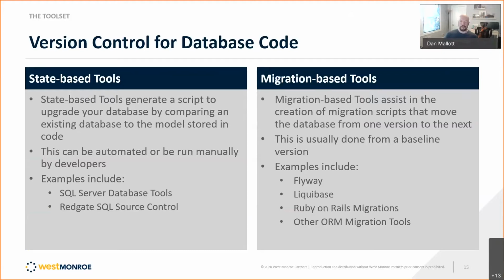So we have, I'll create a table, create another table, I'll create a foreign key, and each of those would be a different migration. You have what's called a baseline version, and then you make changes, and those changes, when you deploy them, have to be applied in order. So this makes doing things like updates to data or data types or naming a little bit smoother.